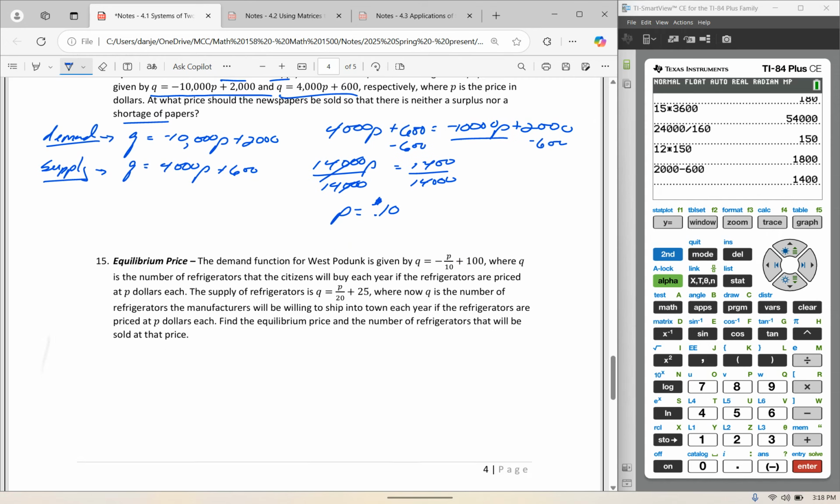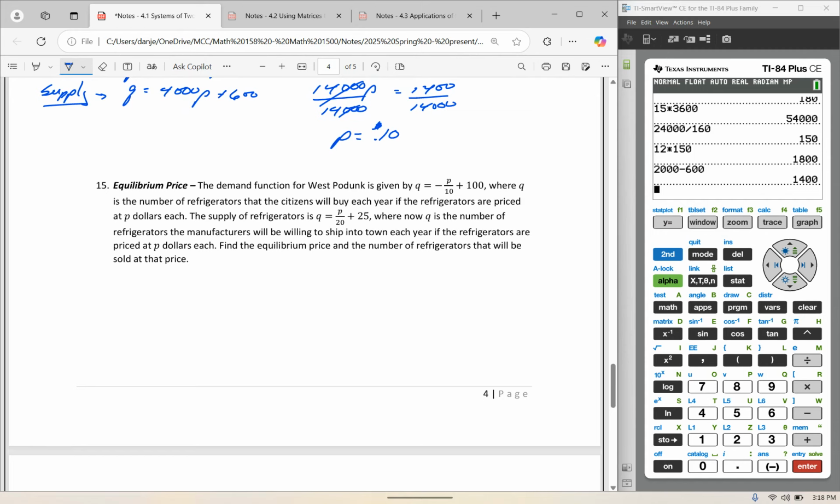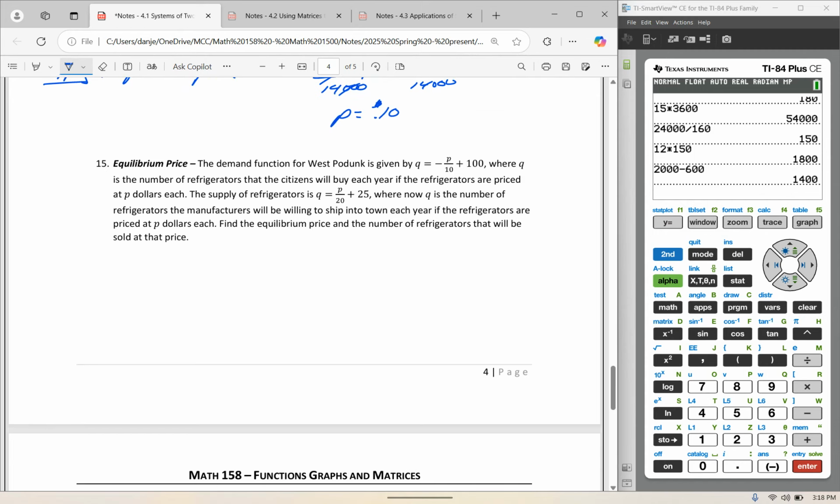Okay. So another example of equilibrium price. The demand function for West Podunk is given by Q equals negative P over 10 plus 100, where Q is the number of refrigerators that the citizens will buy each year if the refrigerators are priced at P dollars each.